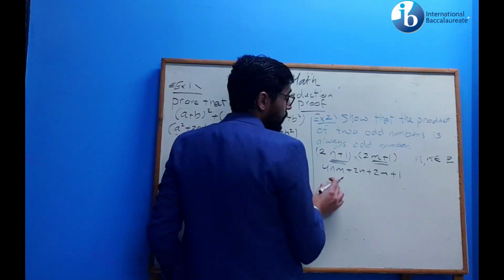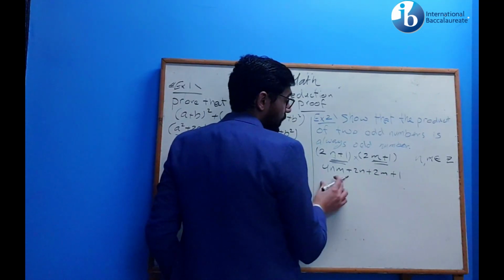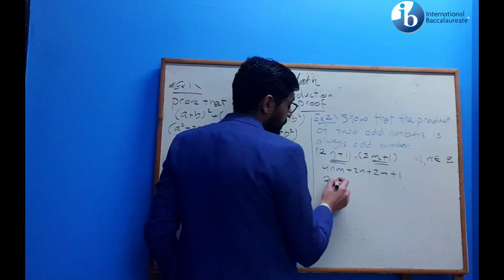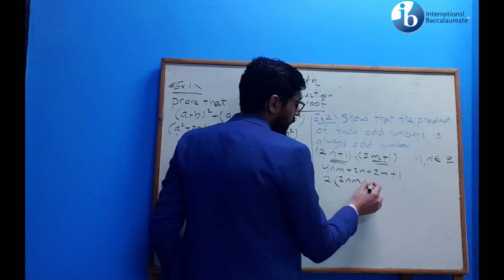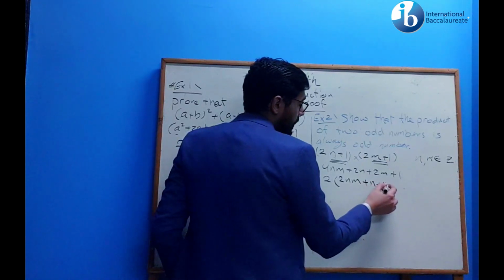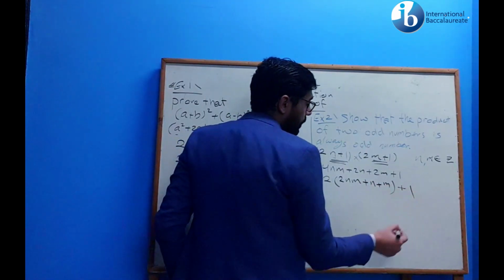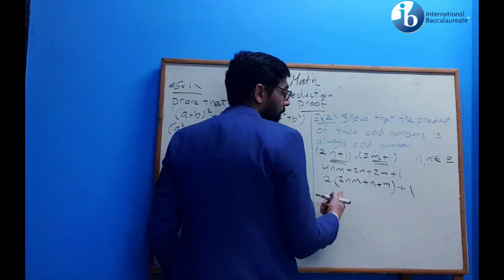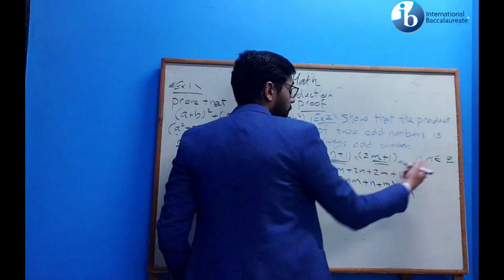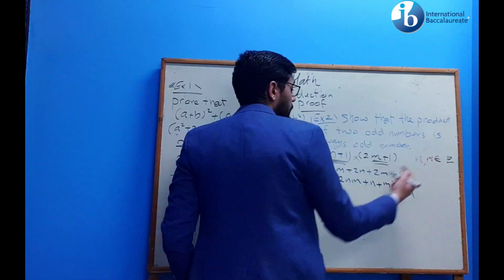We can take 2 as a common factor from these values. Then 2 times (2nm plus n plus m) plus 1. And we are going to talk about this term. We know that n belongs to the integer set and m belongs to the integer set.